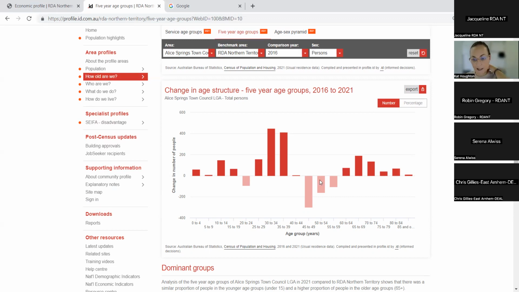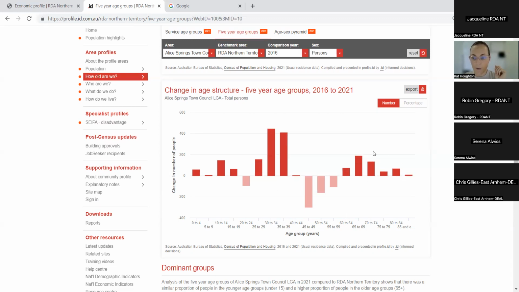And we can see this decline here as well, perhaps people moving out of the community for career aspirations, things like that. So certainly we can see what's happening here in terms of the population.